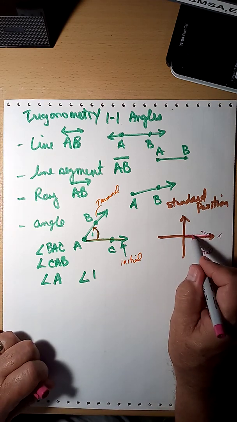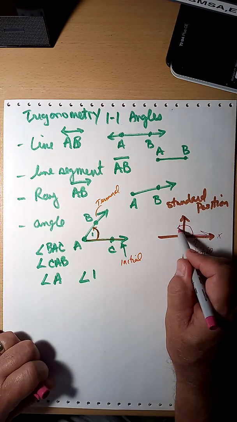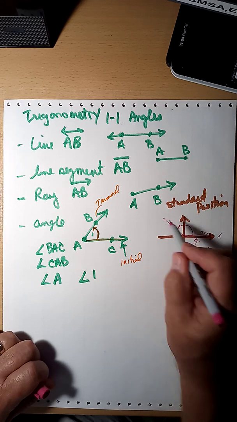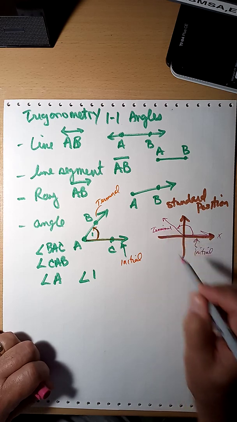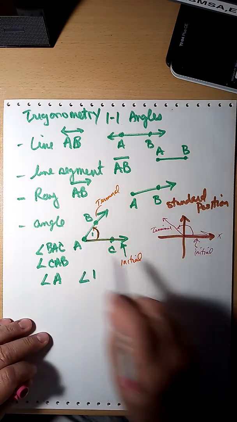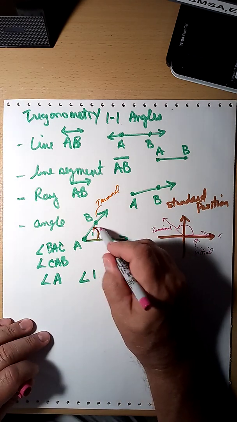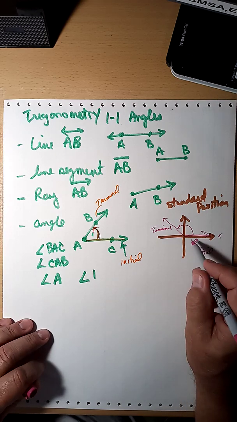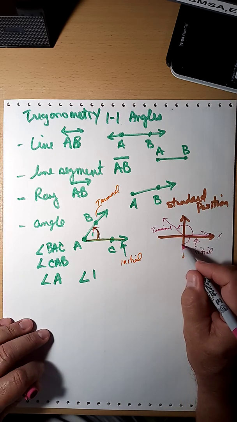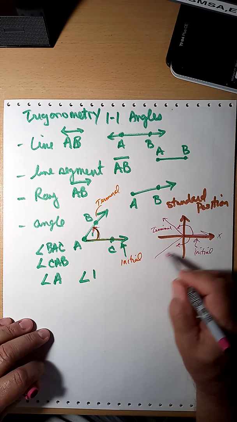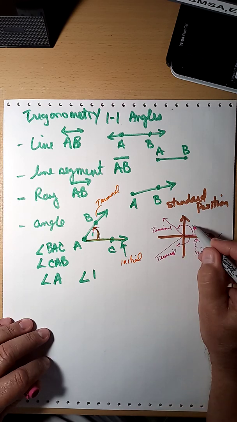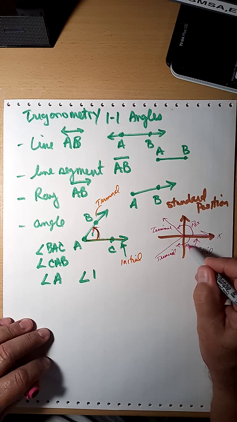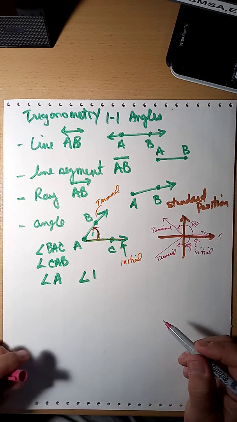And you swing that counterclockwise for a positive angle until you reach the terminal side. Just like we did here. But now if you go clockwise, you can reach a terminal side. This is a positive angle. This is a negative angle, clockwise.